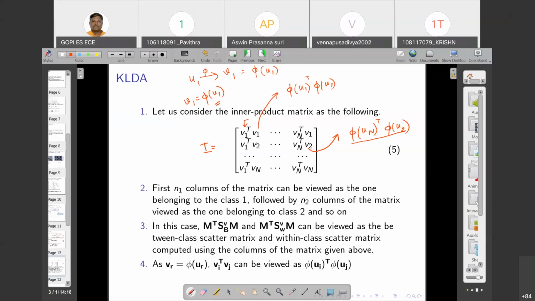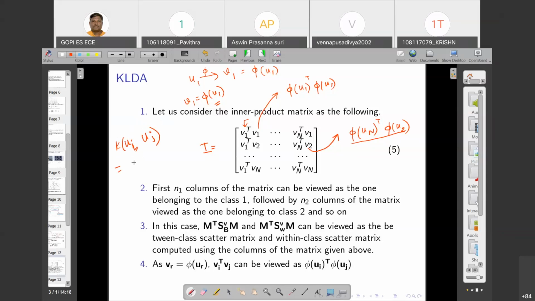As a kernel trick, instead of having that function phi explicitly, we define the kernel function. This is important. This is what the kernel trick is all about. So I have a function called k of ui comma uj.